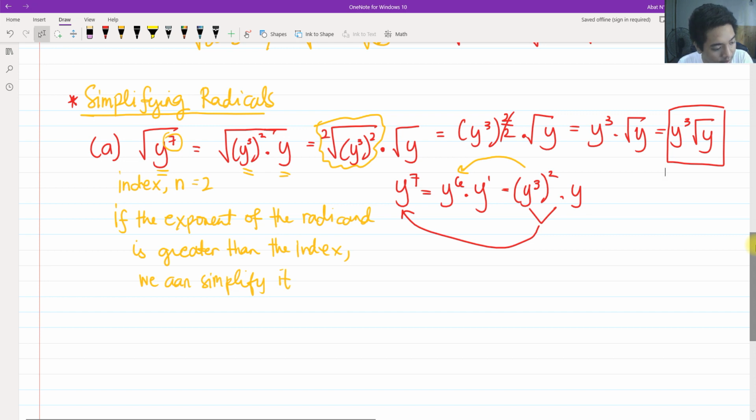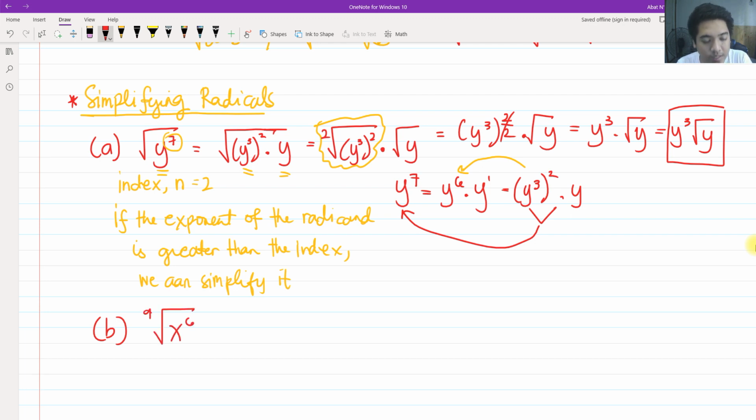So for letter B, we have the ninth root of x raised to 6. The situation here is that we have an exponent inside the radicand that is less than the index. That's okay. If we convert this into exponential form, we have x raised to 6, and raised to 1 all over 9, considering that we have an exponent of 1 here.